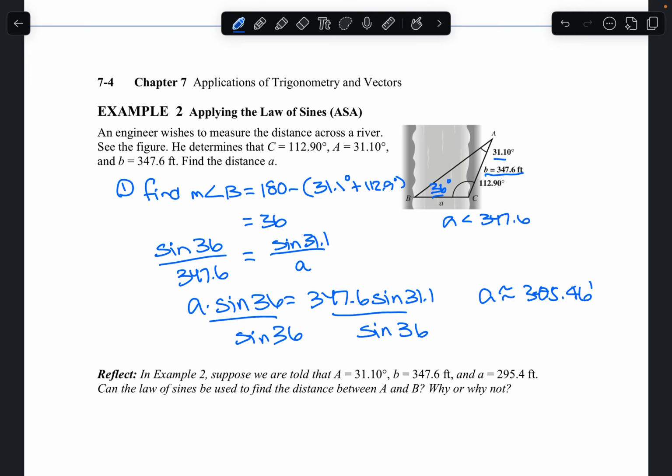Much better. Again, think about triangles. 31.1 is not that far off of 36. Therefore, these two sides should be fairly close together in size. Because in an isosceles triangle, if two angles are congruent, so are two sides. So I knew something didn't sit right. I did the check. Hey, that makes sense. That's reasonable.